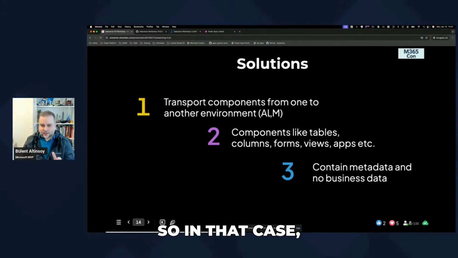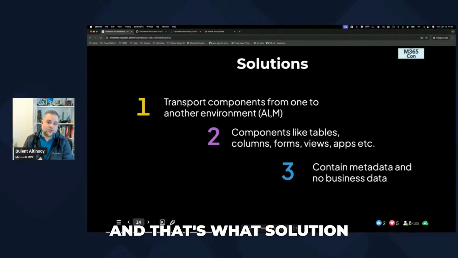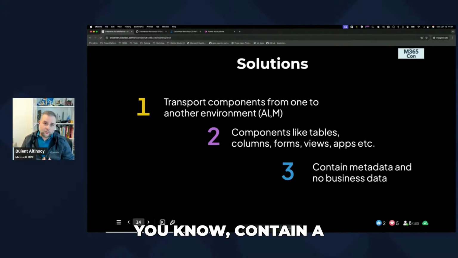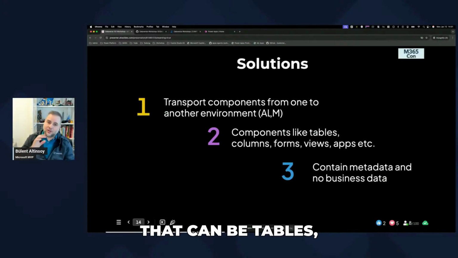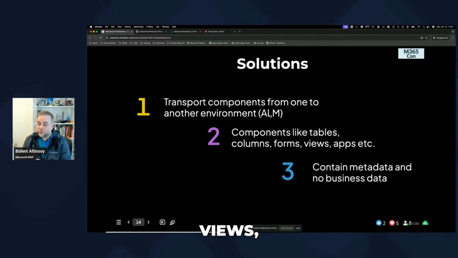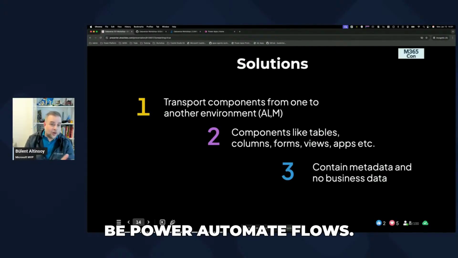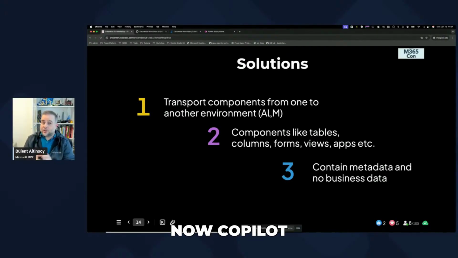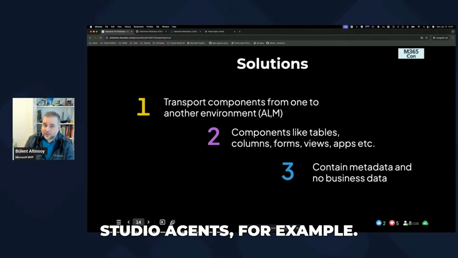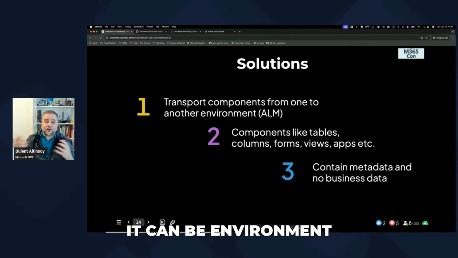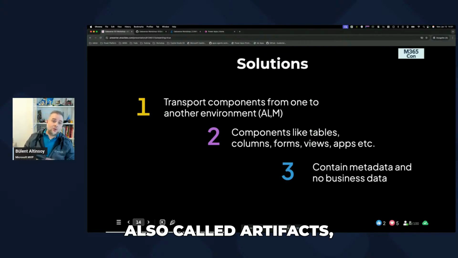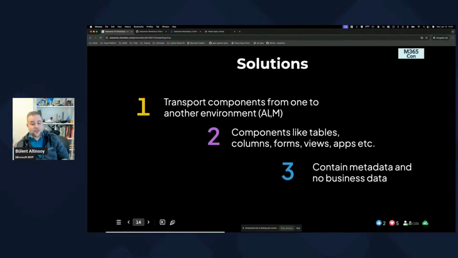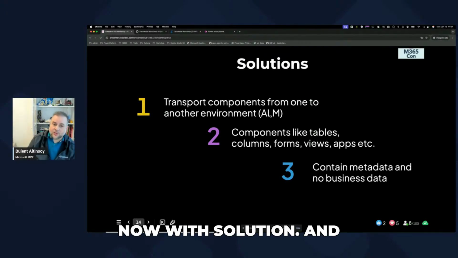So that's what ALM and solutions are for. A solution can contain a lot of components. That can be tables, columns, forms, views, apps, but also Power Automate flows. It can now also be Copilot Studio agents, for example. It can be environment variables. It can be a lot. A lot of these components, also called artifacts, can be transported with solutions.